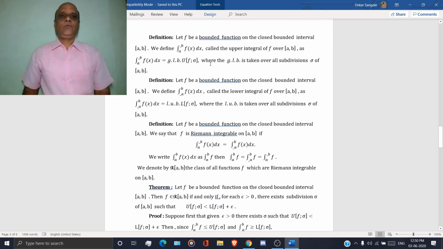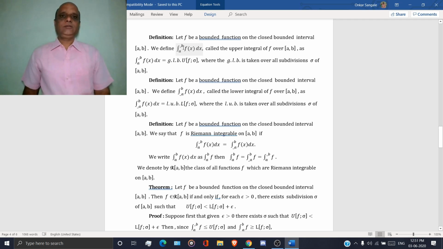Now we define here the upper integral, lower integral and Riemann integral. Let f be a bounded function on the closed bounded interval AB, then we define this integration a to b.